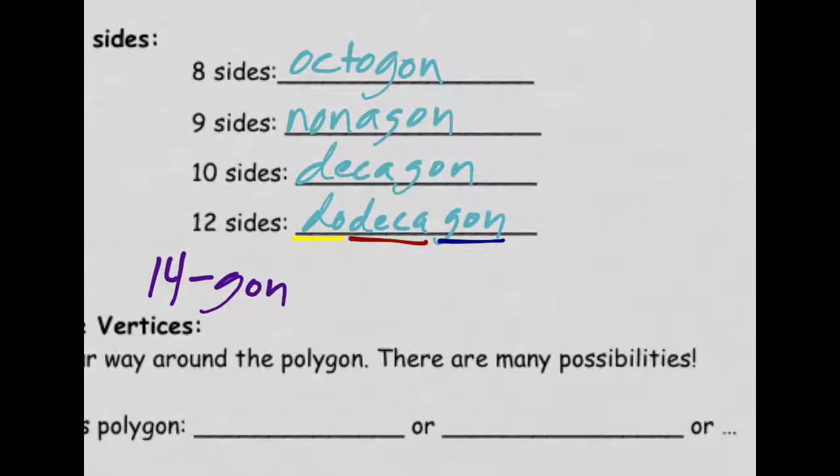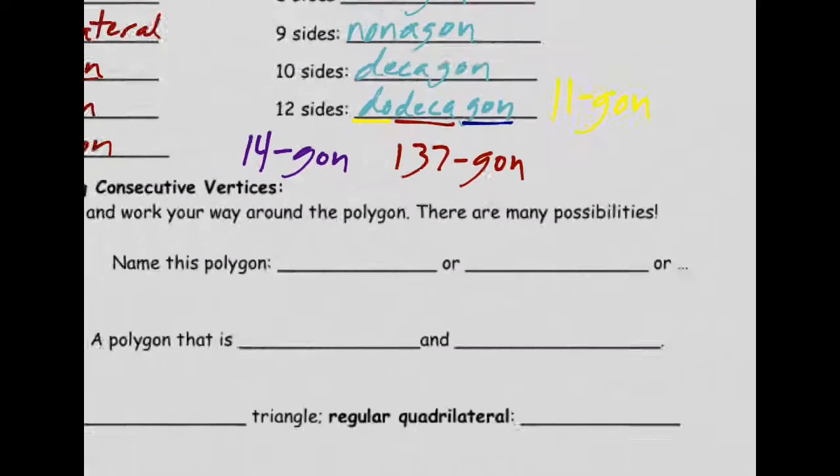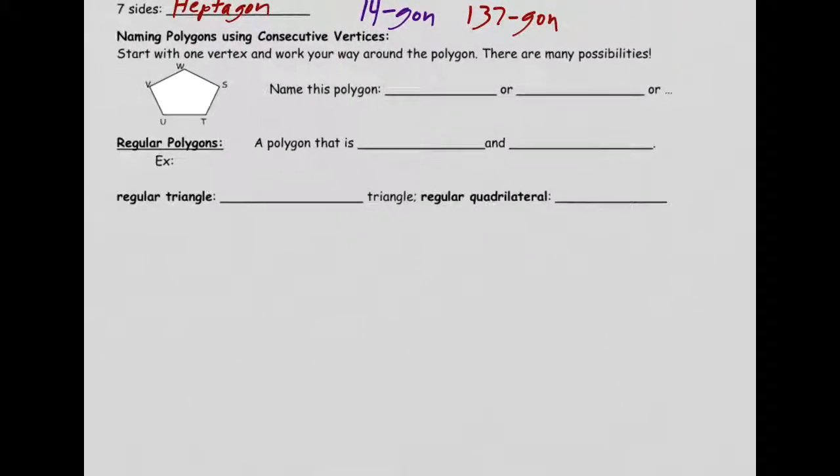If you have a 137-sided figure, that's a 137-gon. If you have an 11-sided figure, that's an 11-gon. I don't know why 11 just kind of got left out of this 10 and 12 business, but what are you going to do?